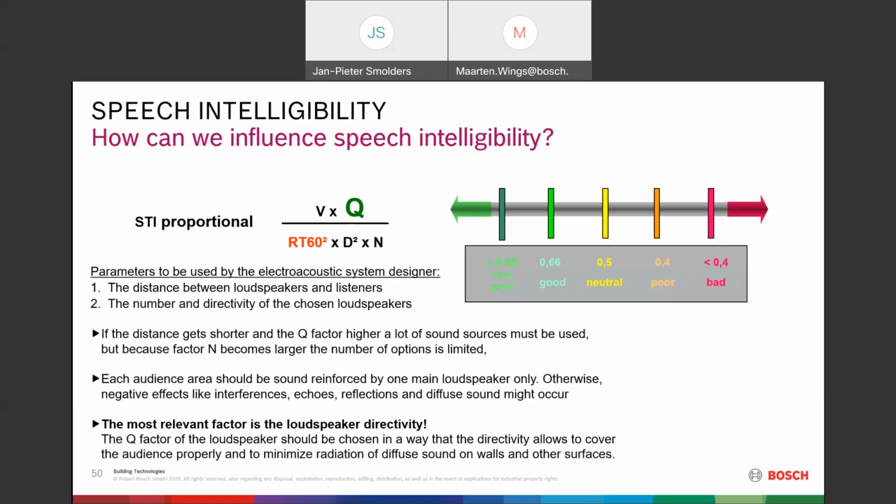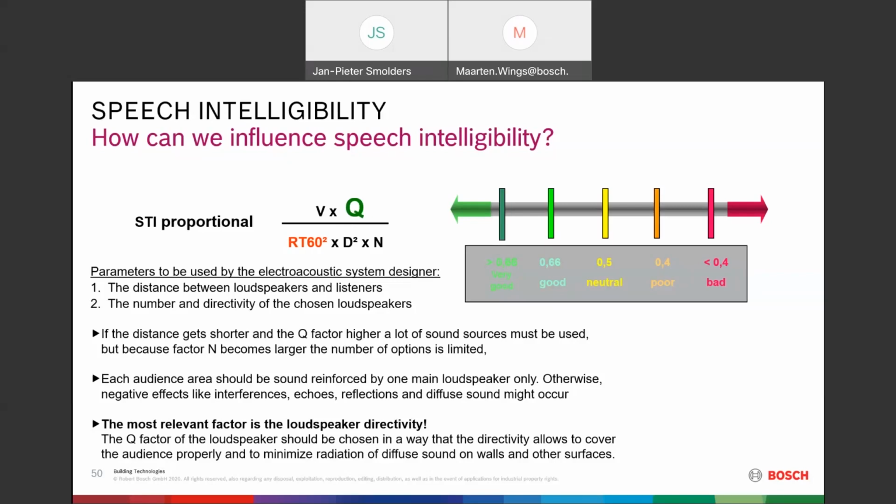And then also the number and directivity of the chosen loudspeakers. So if the distance gets shorter and the Q gets higher, a lot of sound sources must be used. But then also the N factor, the amount of loudspeakers, comes into play. So that is also again a negative influence on the equation.